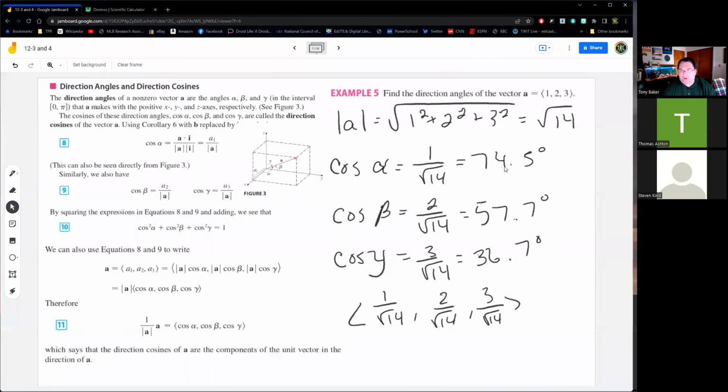So it's a 74.5 degree angle from the x, a 57.7 degree angle from the y, and a 36.7 degree angle from the z-axis. Again, it's just another use case to be able to find those things.